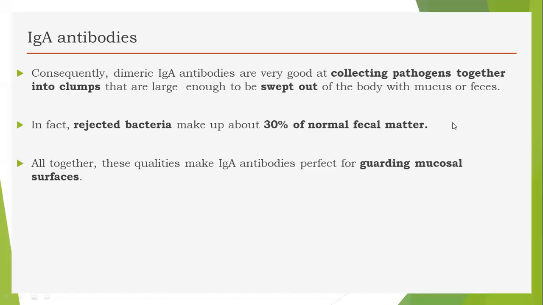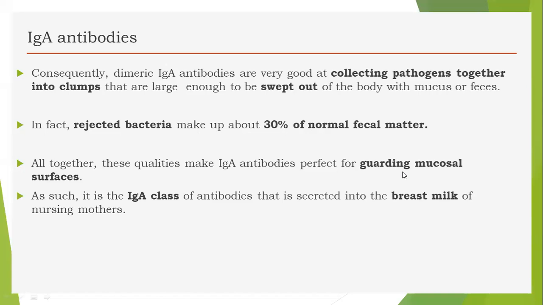So imagine fecal matter being released, and 30% of that is actually rejected bacteria, and that bacteria cannot cause infection within the body because it is bound to immunoglobulin A. Okay, and as I mentioned, because of that particular mechanism, these are usually referred to as guardians of the mucosa surface.